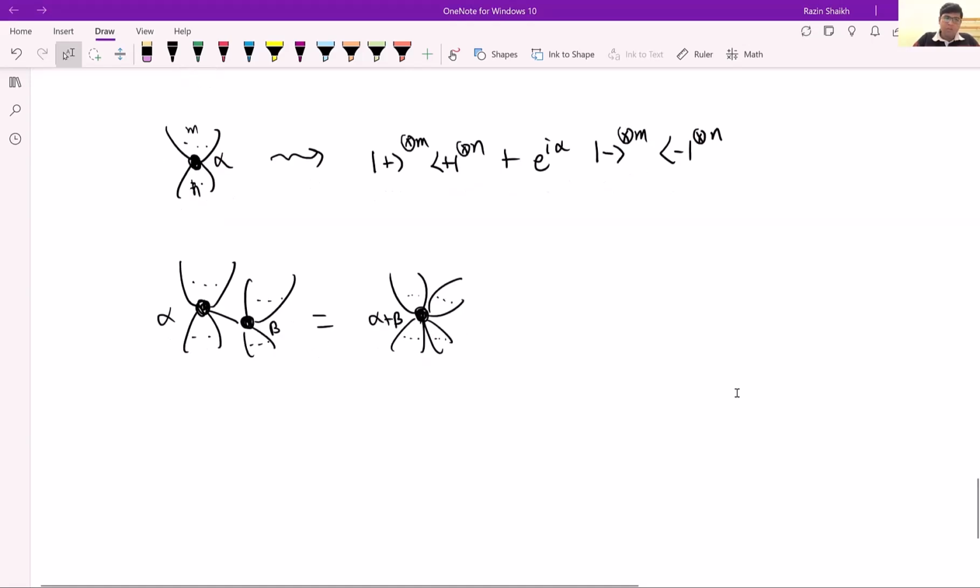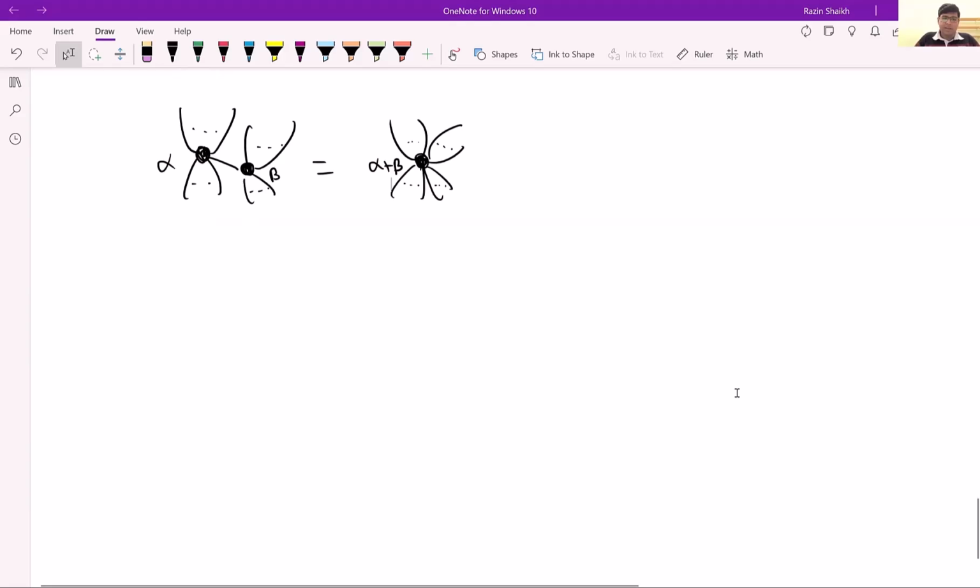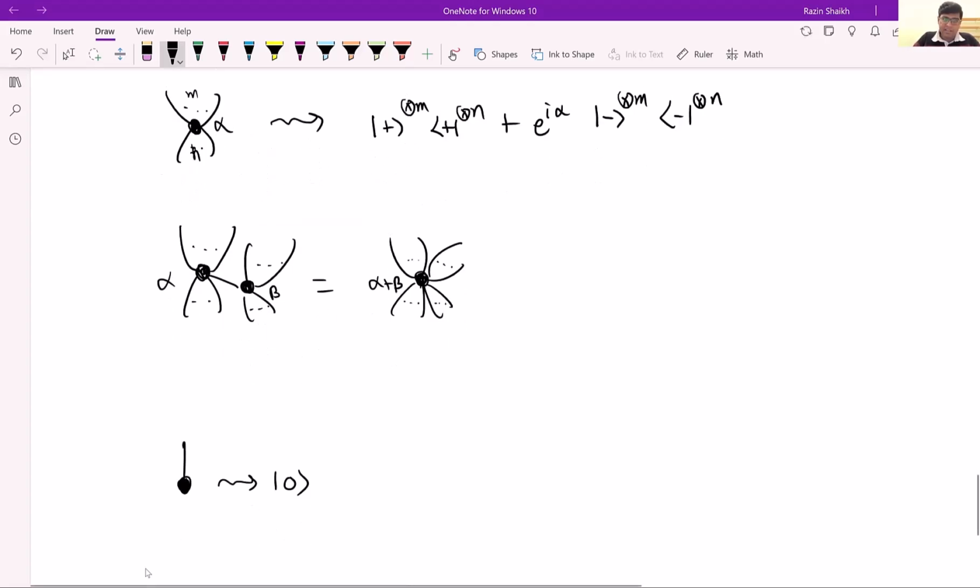Okay, so what can we do with these spiders? One interesting thing that we can already do with this spider is that if I have a spider with no label, that's actually ket 0. So why is that the case? We can actually check that that's true. An X spider is a sum of pluses and minuses like that.